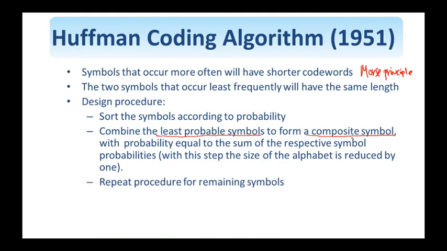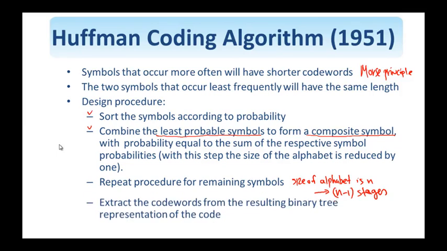We repeat these two steps for the remaining symbols. Clearly, if the size of the alphabet is n, we're going to have n minus 1 steps or stages of the procedure, where each stage involves these two steps.